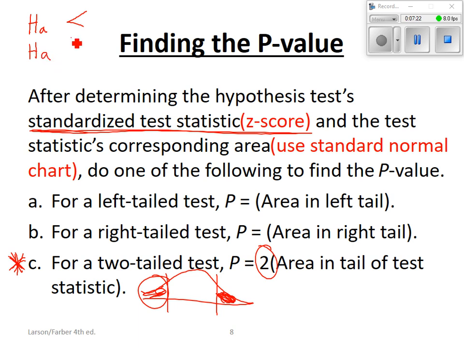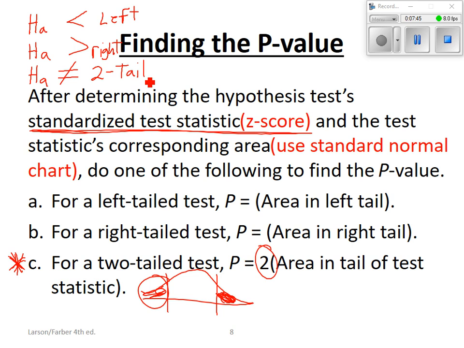If your HA has the greater than symbol in it, then it would be a right-tailed graph. If your HA has the not equal to sign in it, then it's two-tailed. We did some of that last time.